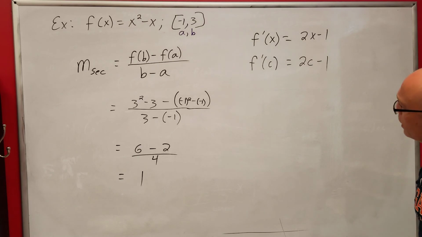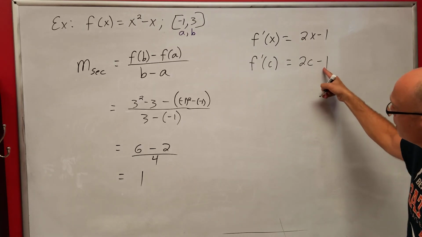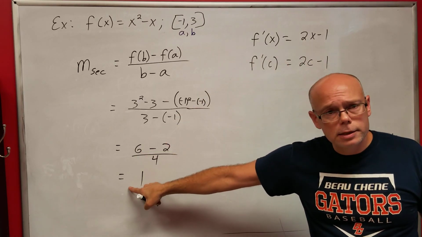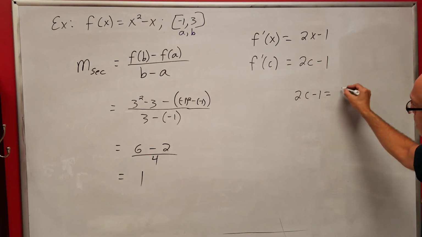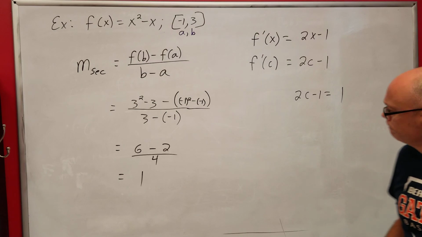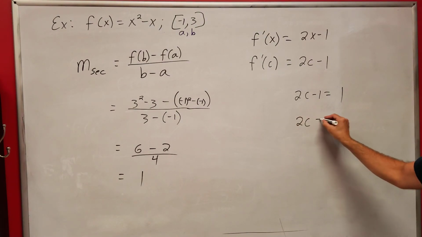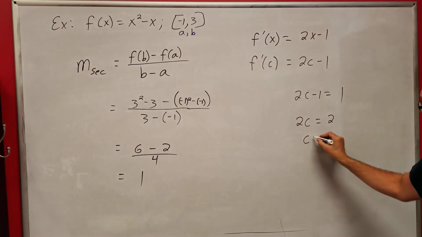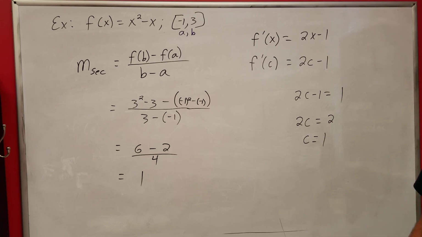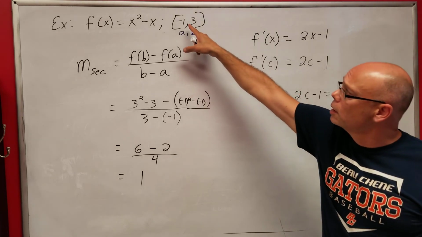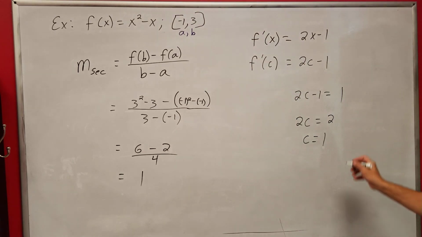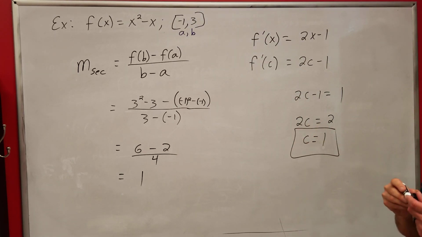Now what do I want to find? f prime of c, where it's equal to that slope of my secant line. So where 2c minus 1 is equal to this value. Now double check that this number is in your interval. Is it between -1 and 3? Yes. So there's my answer. That's all there really is that we're going to cover in this section.